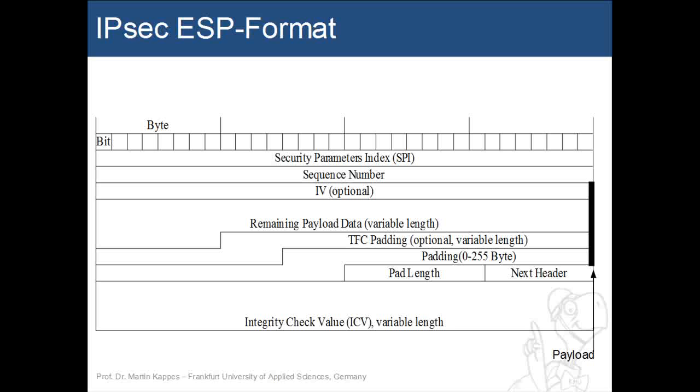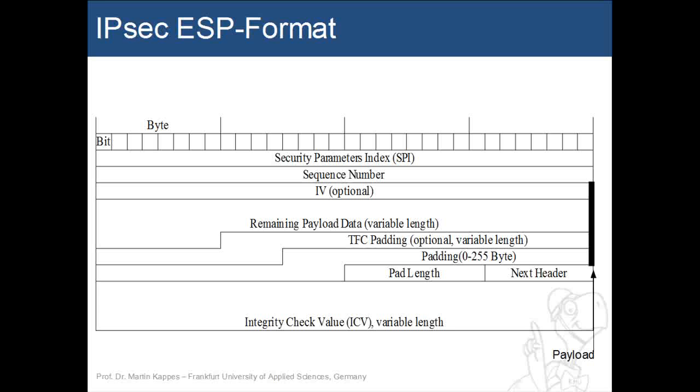I don't want to go into all of the fields. You can see that they are basically very similar to what you've seen in authentication headers. So there is a security parameter index, a sequence number, and what you see here is basically for the encryption part, where we have, of course, an initialization vector, we have payload data, we have a so-called TFC padding.